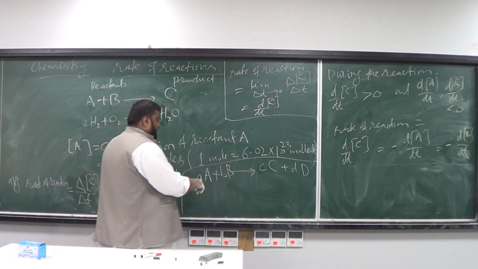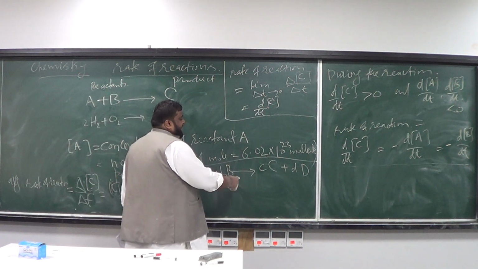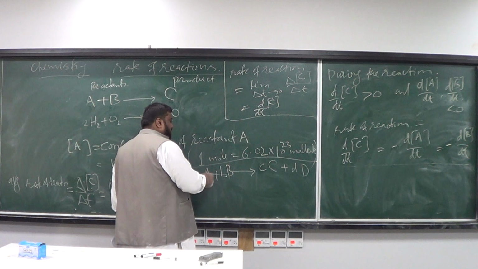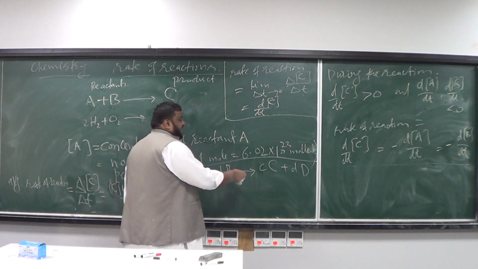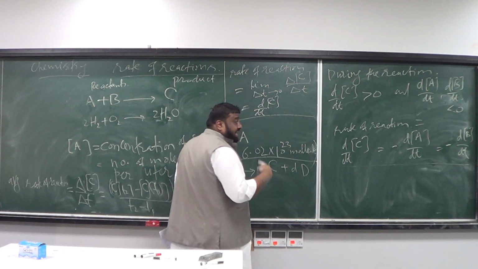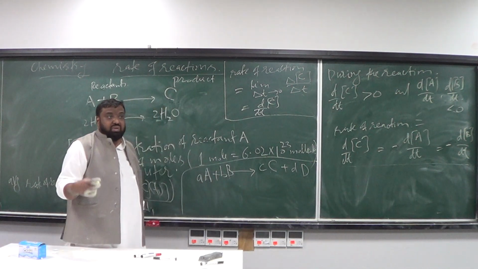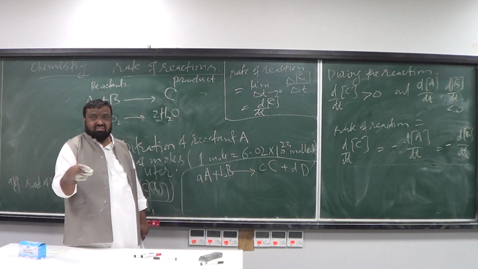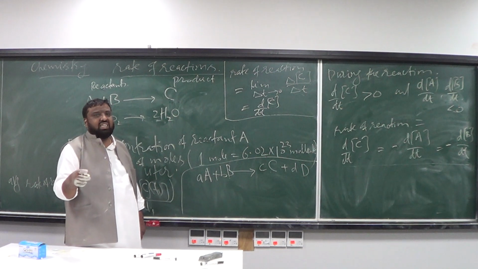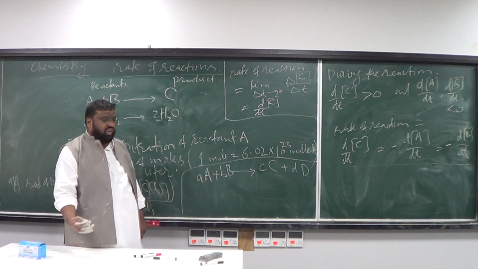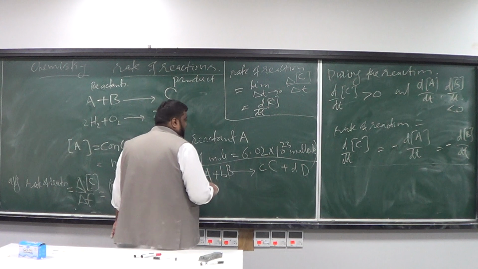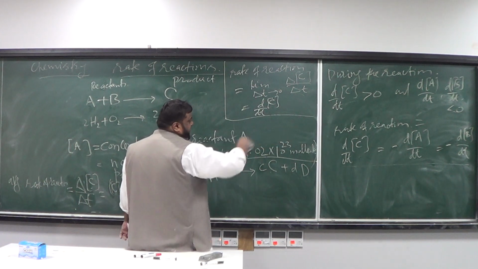The answer is, the concentrations of A and B will decrease, and the concentrations of C and D will increase, but their rates would be related in a similar way.